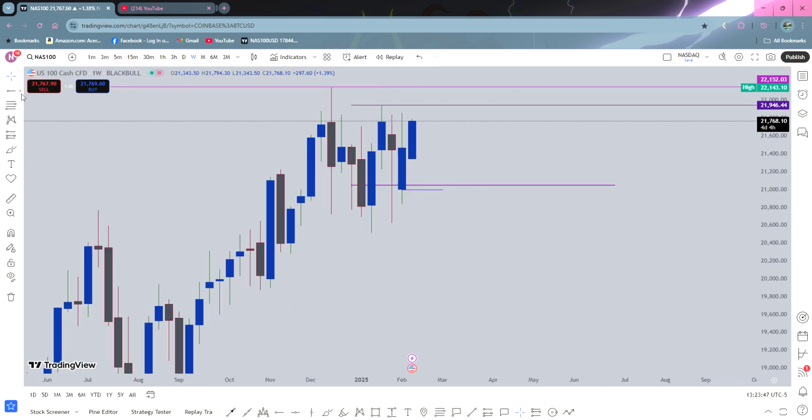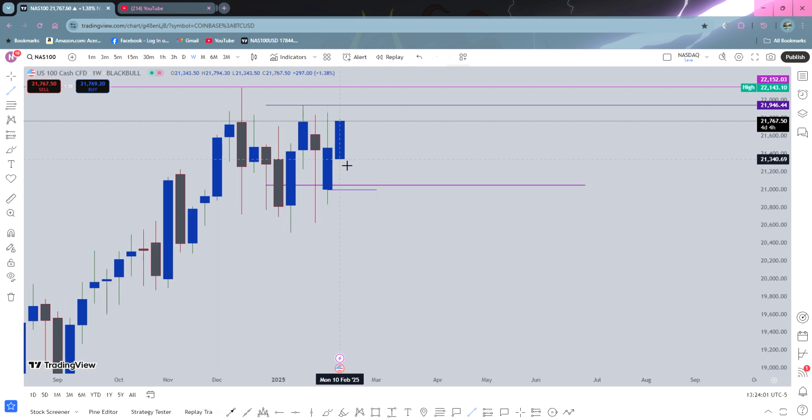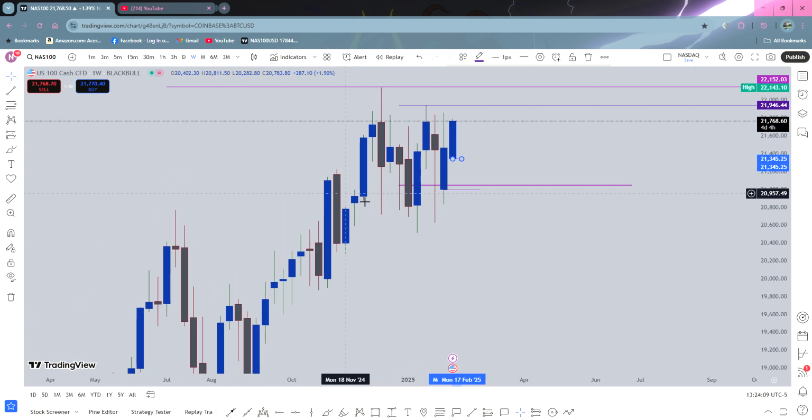So let's mark the weekly here. We did not even get a wick, guys. So that means if we are going to engage buy stops, it's later actually going to engage sell stops because we did not even have a wick, just opened and manipulation. Usually this type of move tends to come later.